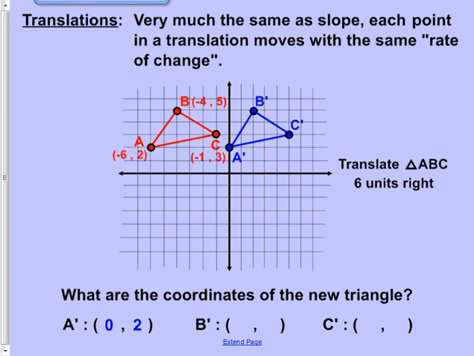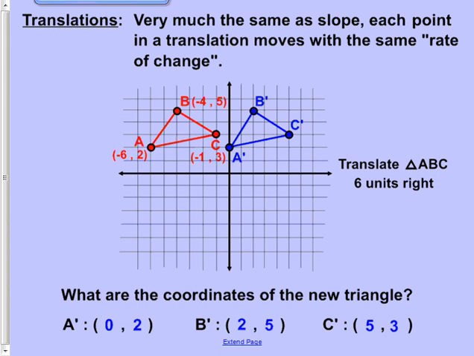It lines up with the x-axis at positive 2, and it lines up with the y-axis at positive 5. So B prime is at (2, 5). And C prime, where does it line up? 5 on the x-axis and 3 on the y-axis. So C prime is at (5, 3).